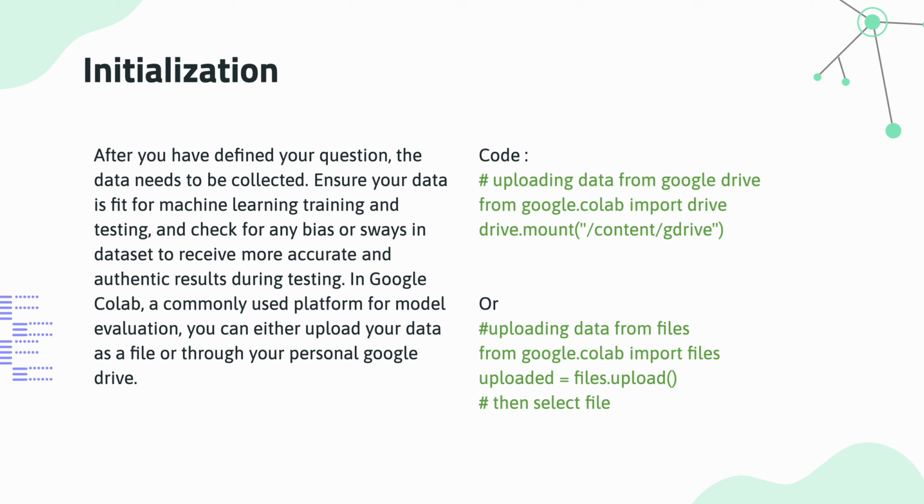And then to upload data from files, you can use from google.colab import files, uploaded equals files.upload, then select a file. I'm going to make a video actually going through all of these steps, so don't worry if you're confused, but if you know how to code and this doesn't seem too hard for you, I bet you could use these pieces of code right here to start on your own.